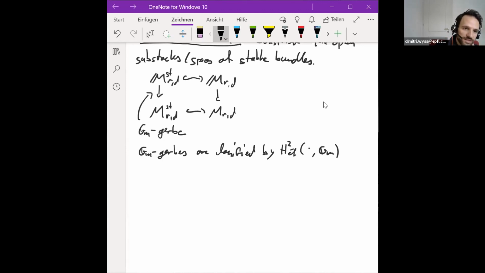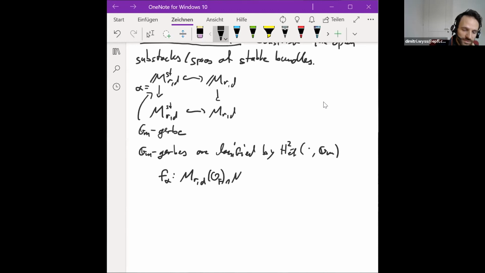So if I call this gerbe alpha, the space of stables with the map, then alpha induces a morphism, let's say F alpha, from the whole moduli stack.